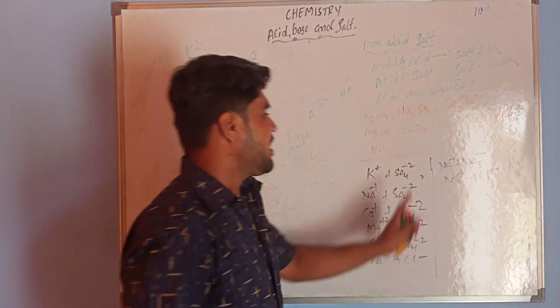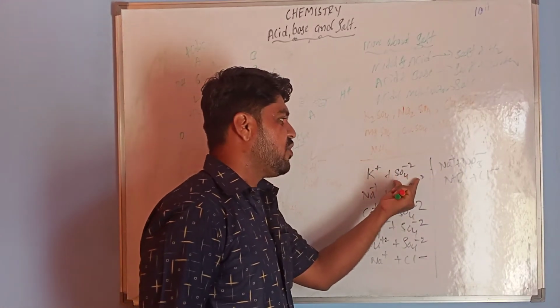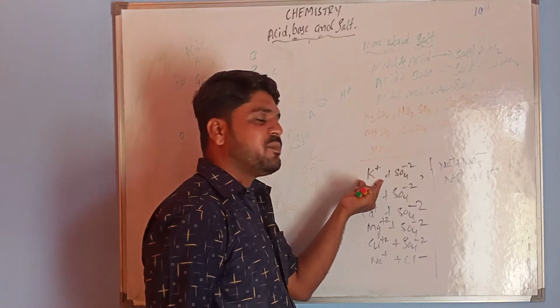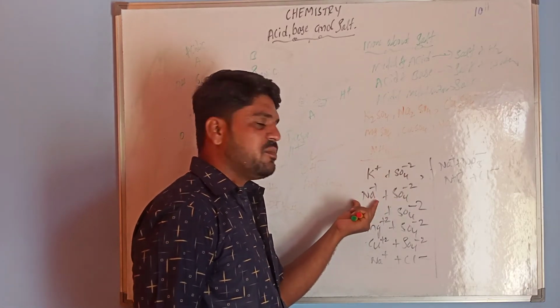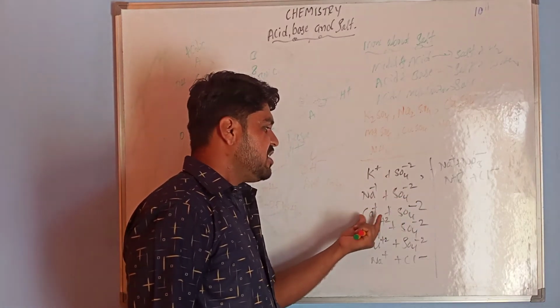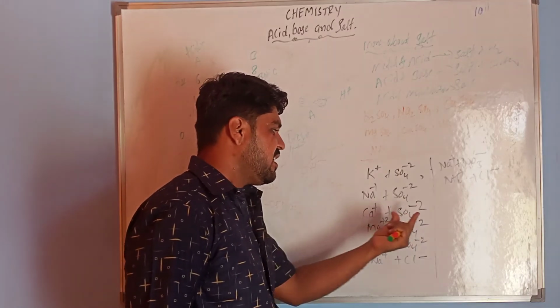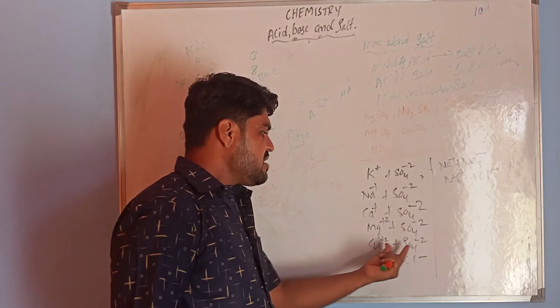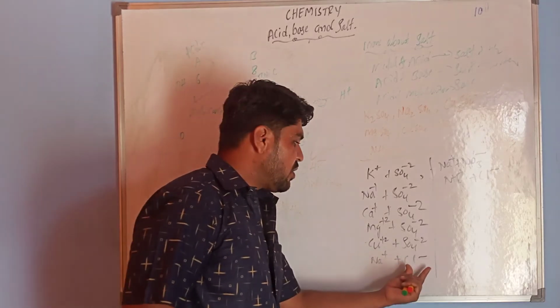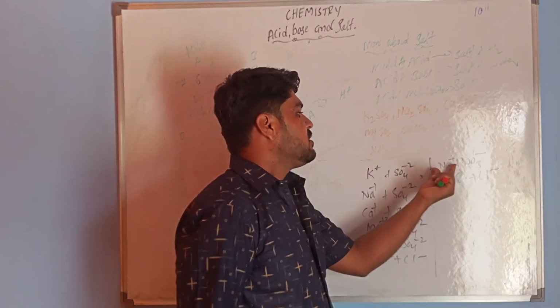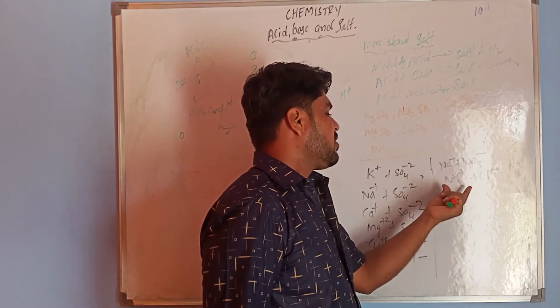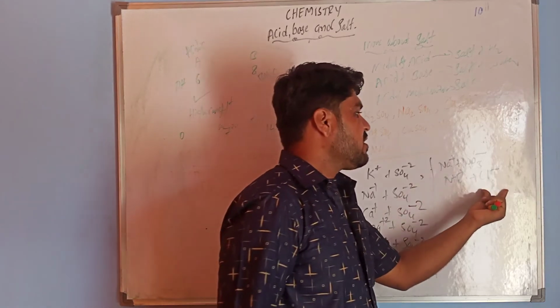These are the ions: potassium ion and sulfate ion, sodium ion and sulfate ion, calcium ion, sulfate ion, magnesium ion, sulfate ion, copper ion, sulfate ion, sodium ion, chloride ion, sodium ion and nitrate ion, ammonium ion and chloride ion.